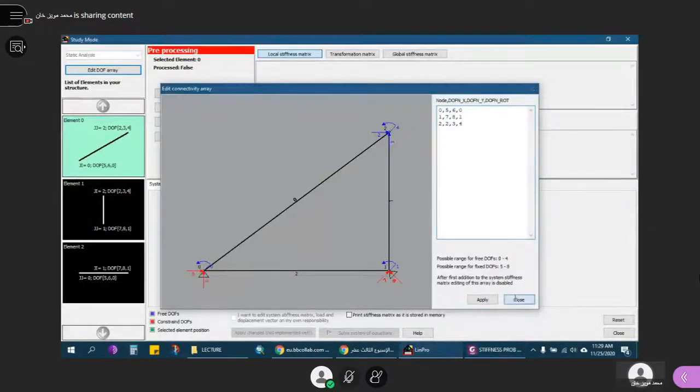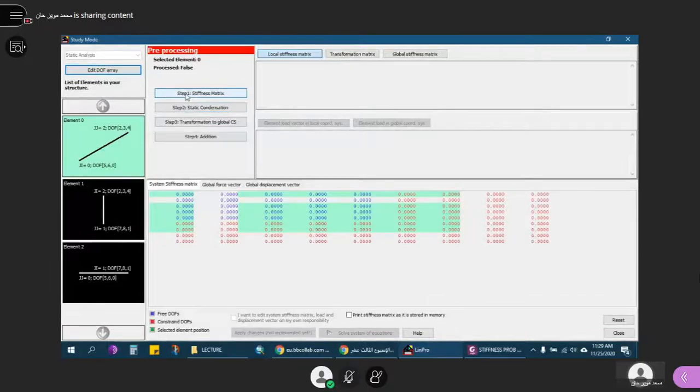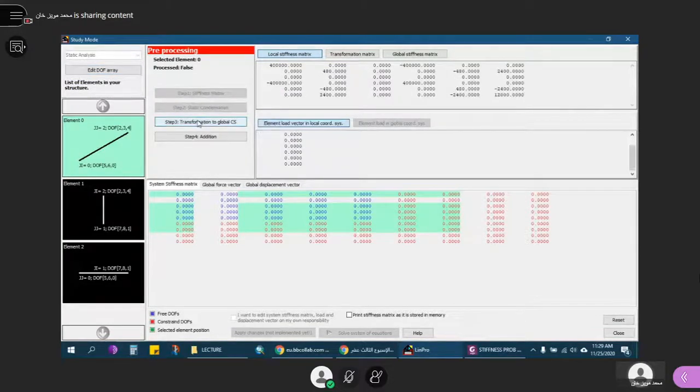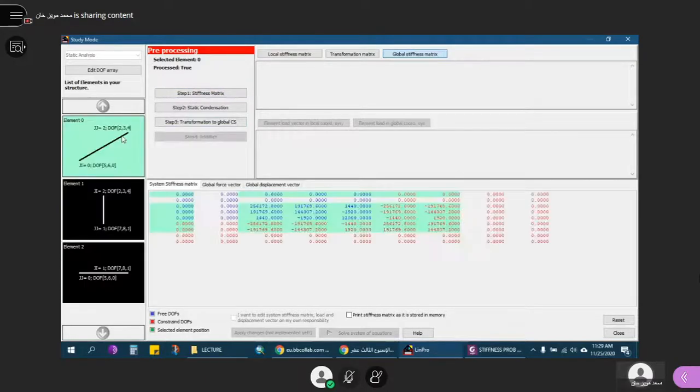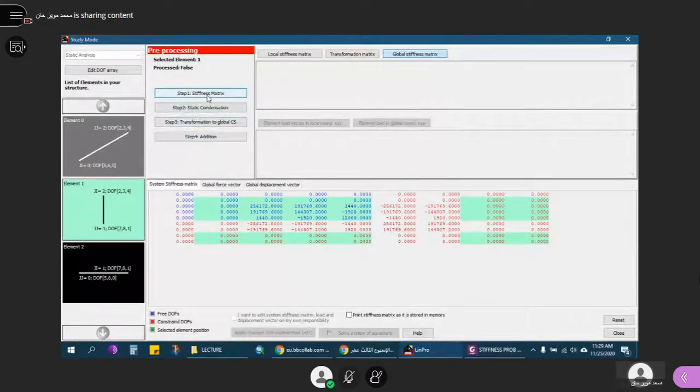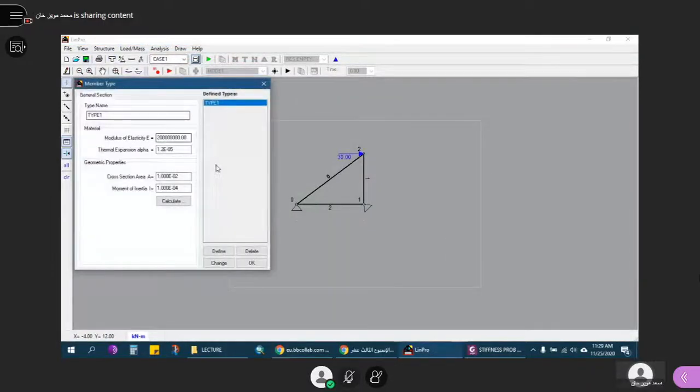So let us see. Again, go to element 0, step 1, step 2, 3, 4. Similarly, go for element 1. As you can see over here, let me show you. These values are too big, right? Let me put the value of AE as 1. Then you will be able to understand clearly.